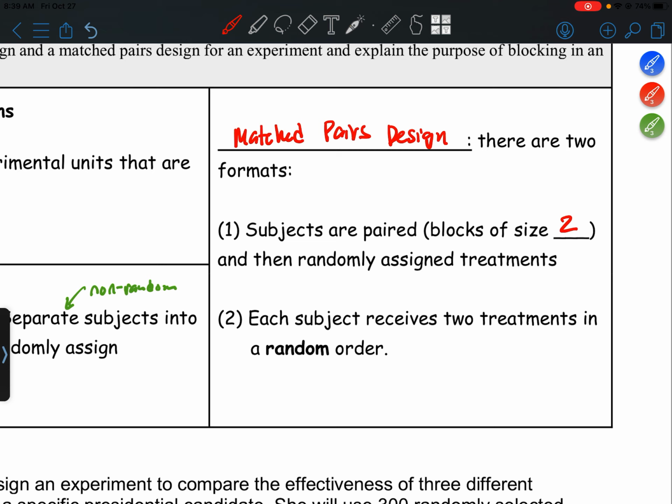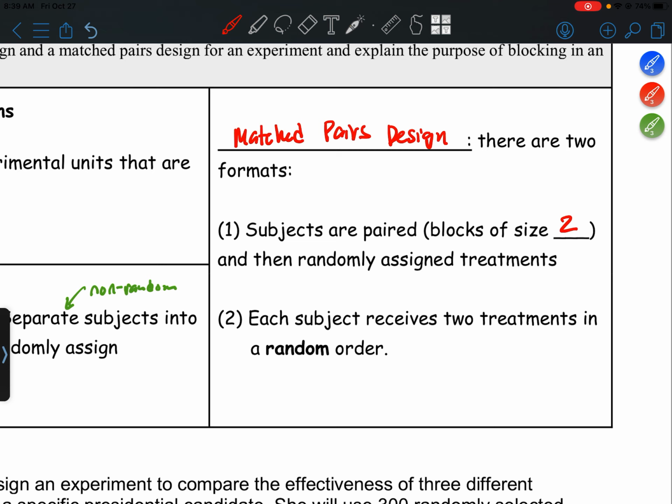Now there's a second format that's used for the matched pairs design, and that involves taking each subject and, instead of pairing them with somebody of similar rank, you just pair them with themselves. When you do that, that means they have to receive both treatments. So one way that could happen for that SAT study is maybe we plan in advance that each student is going to take the SAT twice.